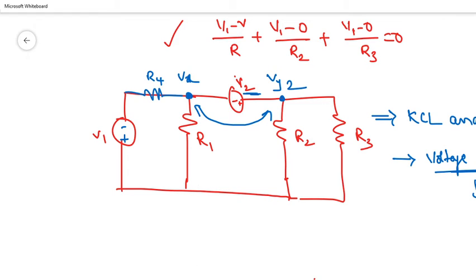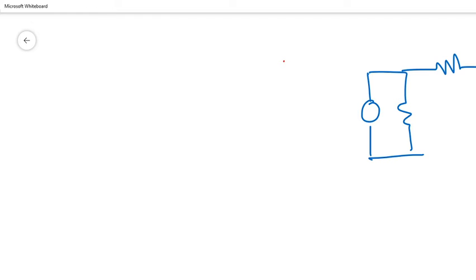So now I'll explain with one example. Let us take this circuit, which is very simple. It has a current source, a resistor, a voltage source, a resistor, a voltage source and a resistor.